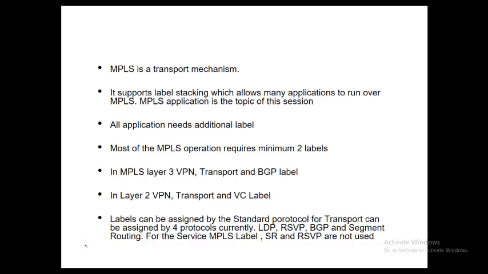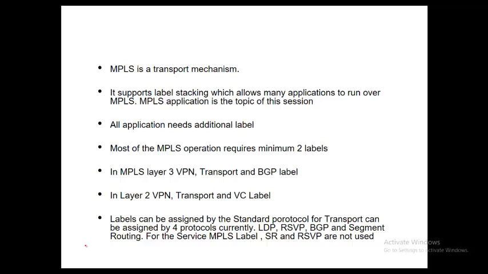So whenever you have a layer 3 VPN application, layer 2 VPN application, segment routing or traffic engineering, you will always see more than one MPLS header, more than one MPLS label. For example, in MPLS layer 3 VPN, you have a transport label to move the packet hop by hop in the underlay, and you have a BGP label to transport the packet in the overlay.